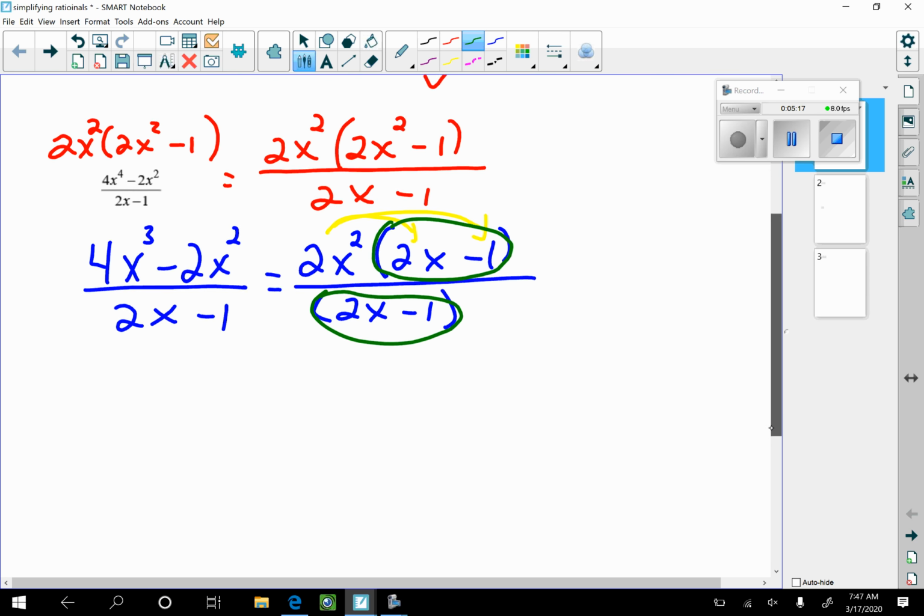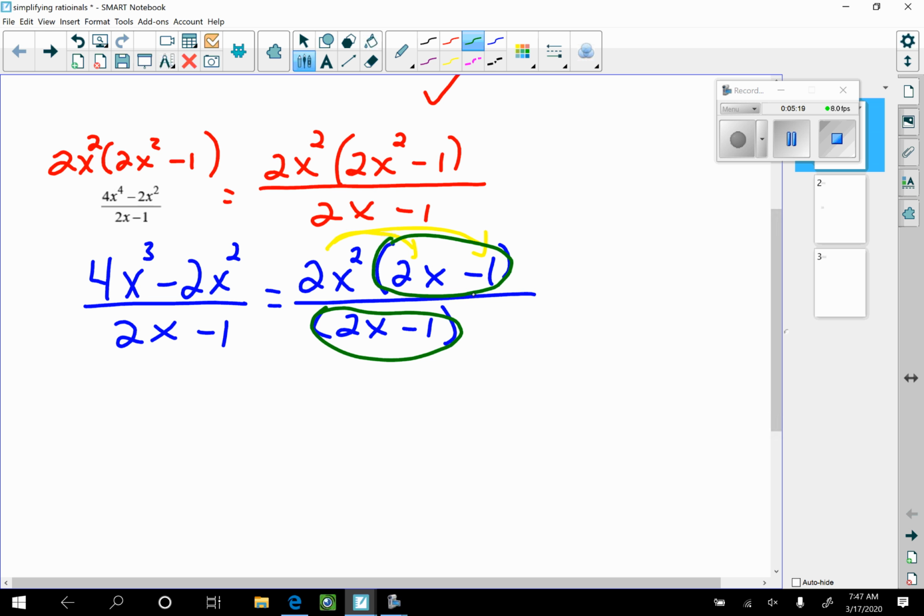Here we're going to cancel the 2x minus 1 and the 2x minus 1. Those are both factors. And so what ends up on the bottom, because this is 2x minus 1, you don't see it there, but that's a times of 1. So once I cancel these, what do I have? All I have left is 2x squared. That's correct. All right, next problem.